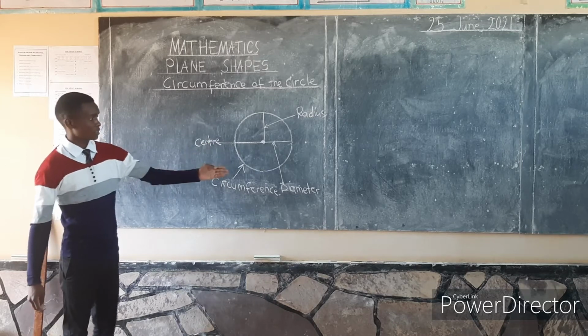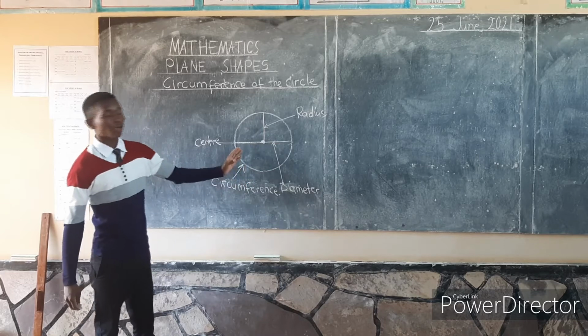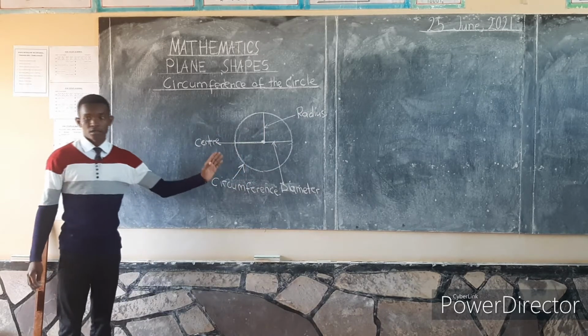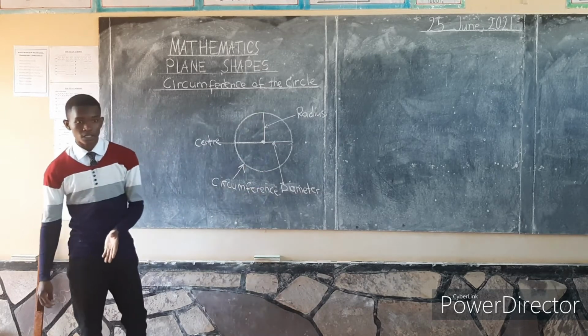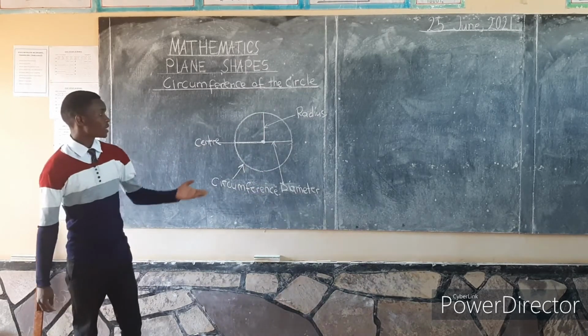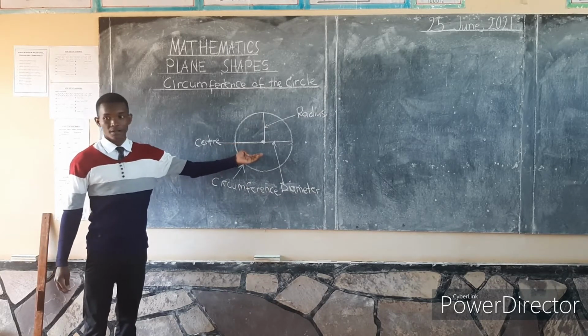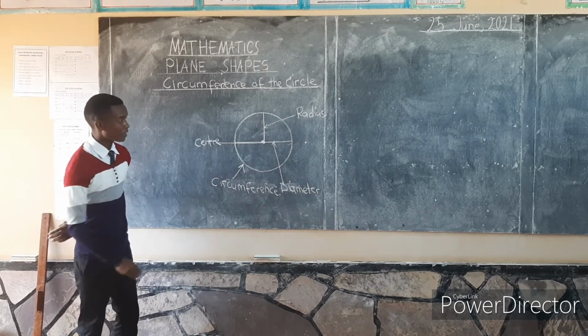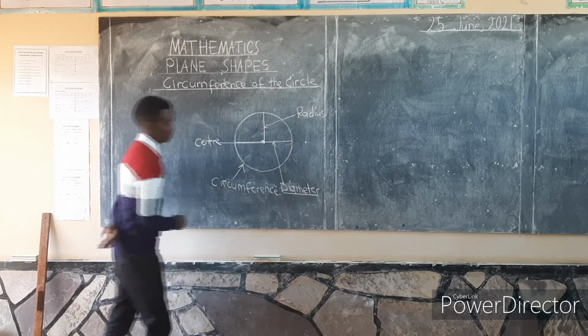Now, in this case, we have the circle here, and how do we calculate the perimeter, or the total distance of the circle? For us to find the total distance of the circle, we should make use of the lines that are inside there, which we can measure. Therefore, we take advantage of this line, which is the diameter.